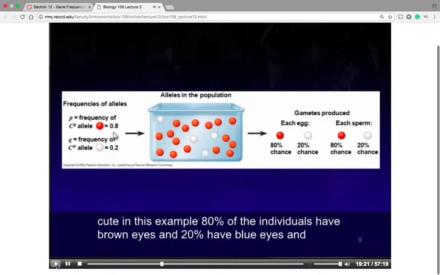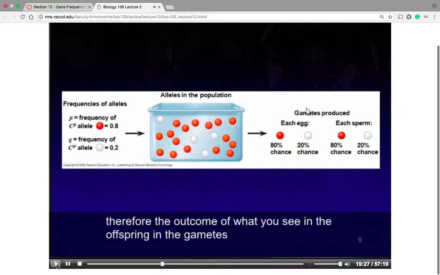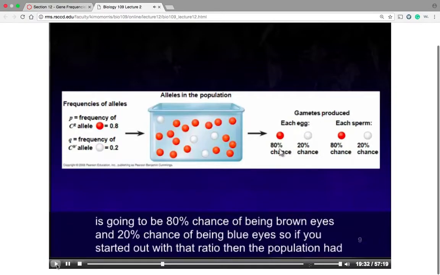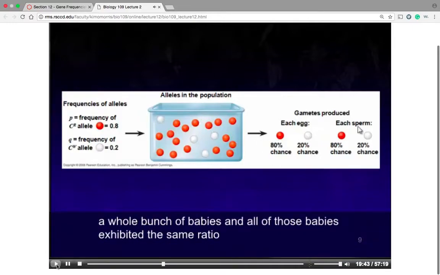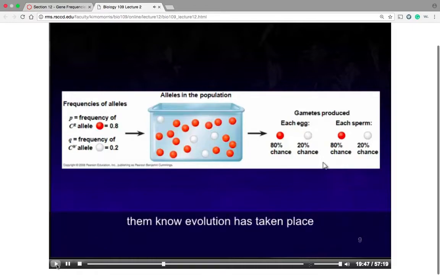In this example, 80% of the individuals have brown eyes and 20% have blue eyes, and therefore the outcome of what you see in the offspring, in the gametes, is going to be 80% chance of being brown eyes and 20% chance of being blue eyes. So if you started out with that ratio, then that population had a whole bunch of babies, and all of those babies exhibited the same ratio, then no evolution has taken place.